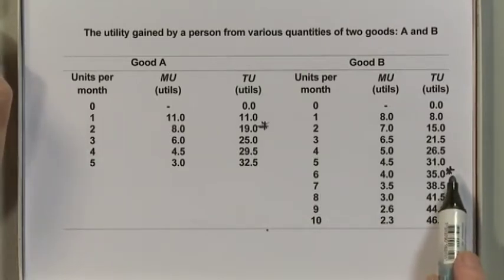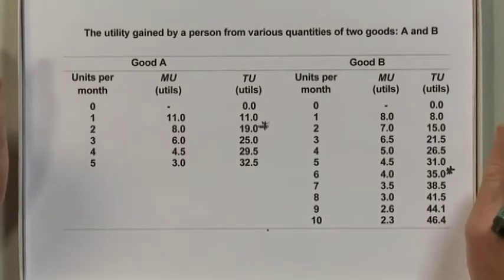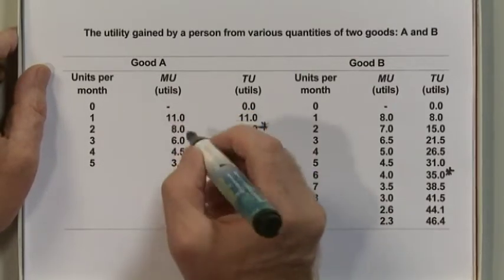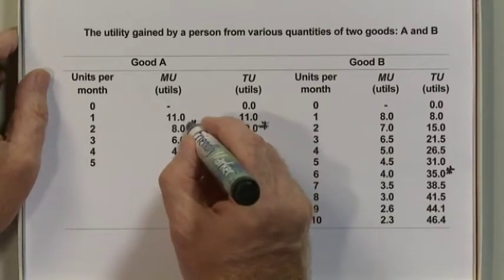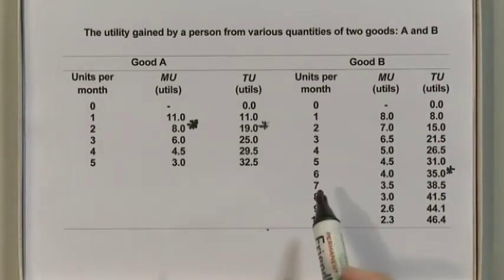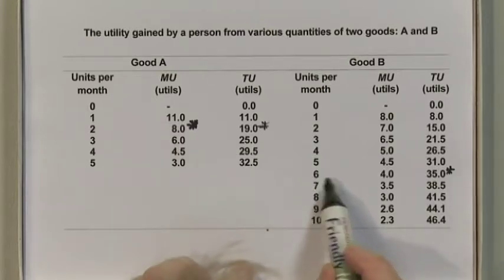So it looks as if our consumer would be best off with 2 of A and 6 of B. And I suggested to you that what that means is that you could think about it in terms of equating the marginal utility of each of the goods. Does that work? The utility that you got from the last unit that you bought of A, marginal utility, was 8. Is that the same as the marginal utility that you got from the last unit spent on B?